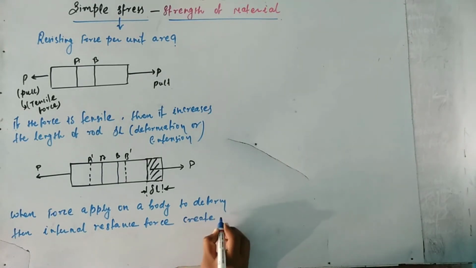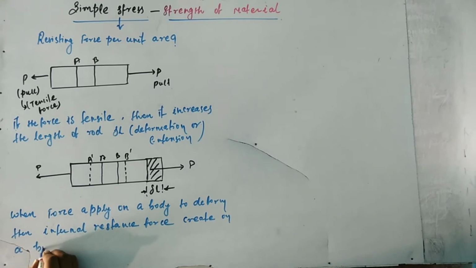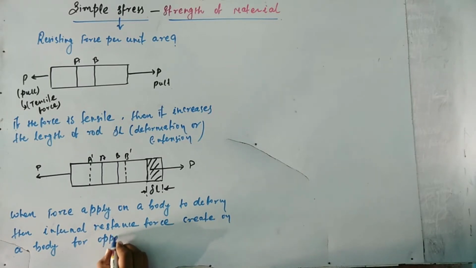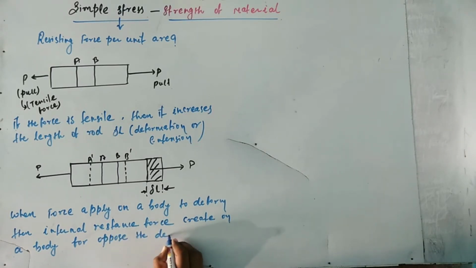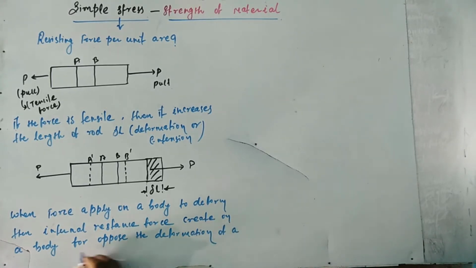When we apply force on the rod, the body also creates a resisting force to oppose the deformation, and when the applied force is greater than the resisting force, then the body will deform. So when force is applied on a body to deform it, an internal resistance force is created in the body to oppose the deformation.